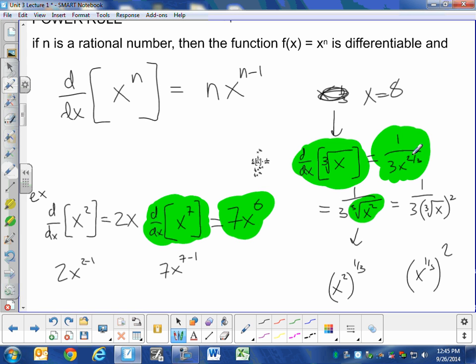The only way I know how to take 8 to the 2/3 power is by splitting it up and saying, okay, the cubed root of 8 is 2, 2 squared is 4. So you've got to know how to transfer this 2/3 power into this power of a power. Does that make sense? Anybody have any questions about that? Didn't want to confuse you with that too much. Okay.